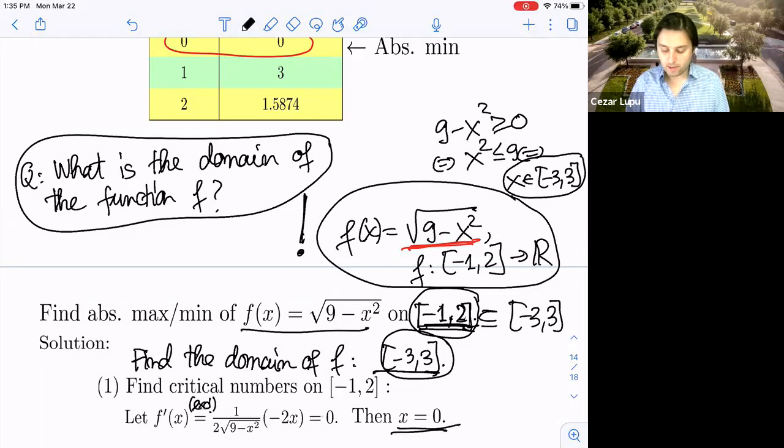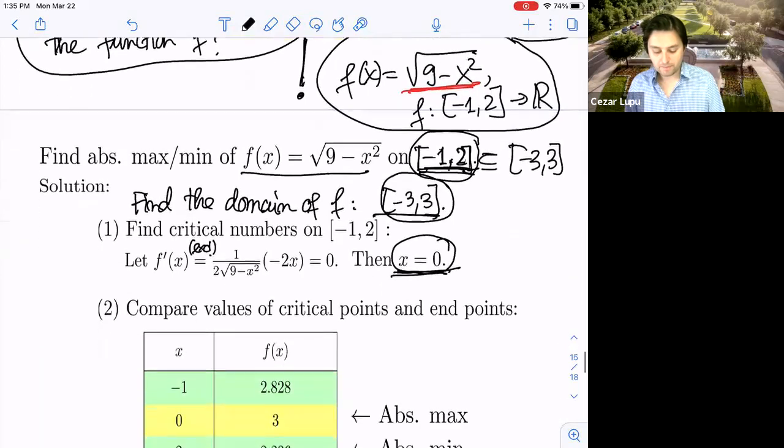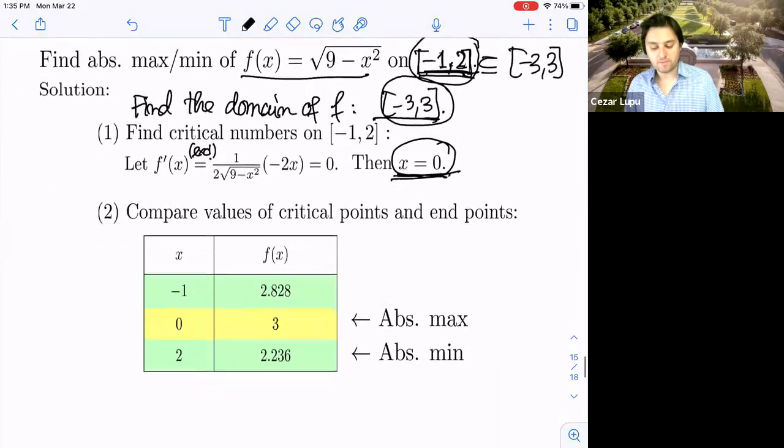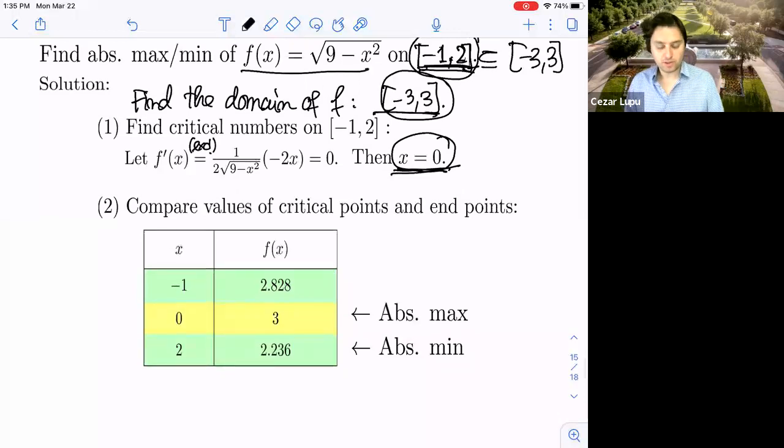And for here, this will imply immediately that x is 0. So now we will compare values of critical points and endpoints. The value of the critical number is x equals 0. And now let's see. We need to evaluate f at 0, f at -1, and f at 2. And let's see which one is the largest.